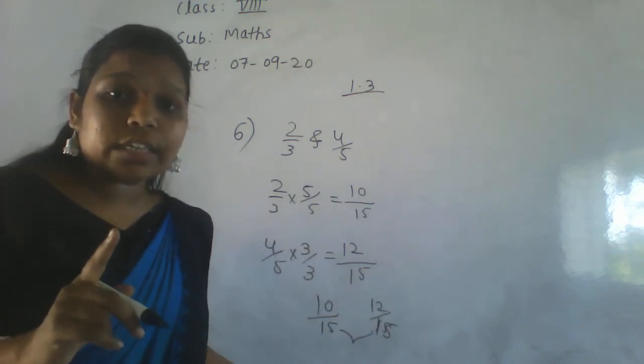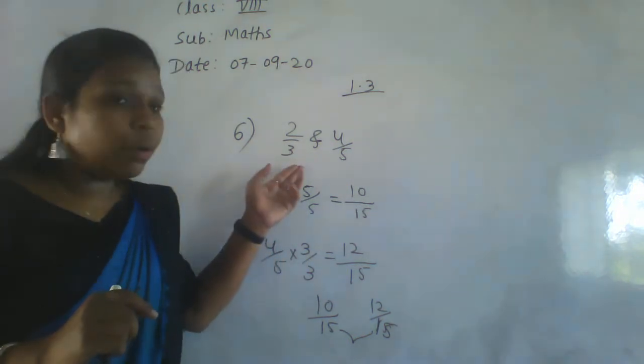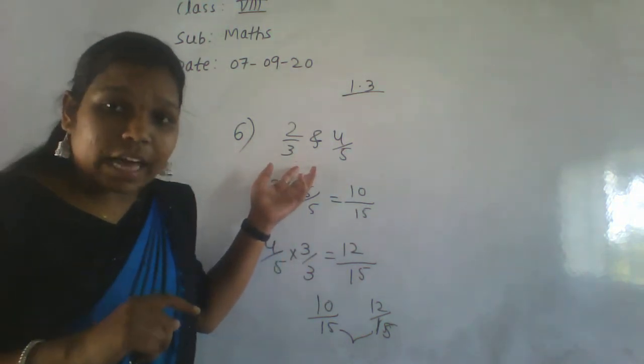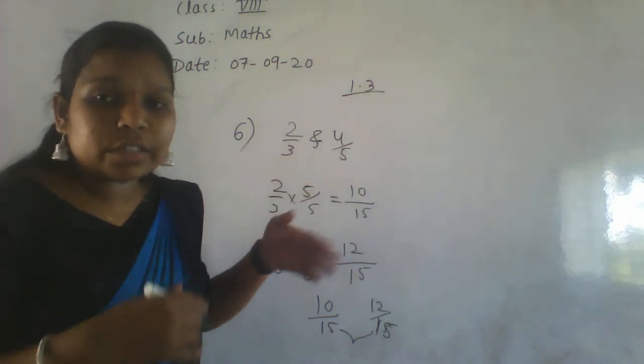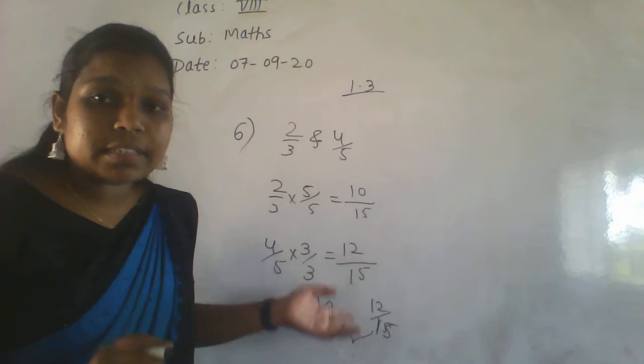First we have to check whether the denominators are same or not. If they are same, then go for the next step. Otherwise, if both are not same, make them same first.